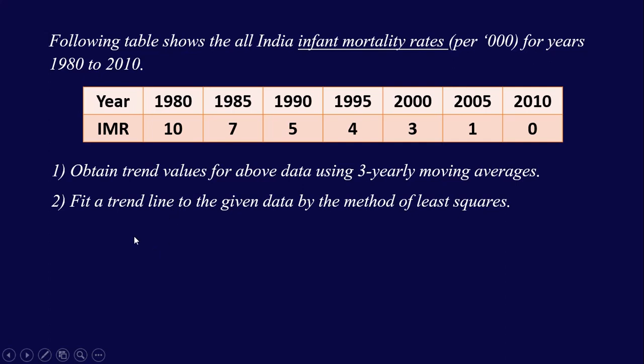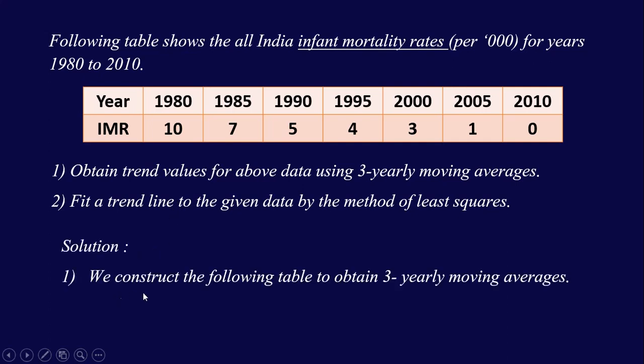Now first we construct the following table to obtain 3 yearly moving averages. Now we want to find 3 yearly moving averages. We consider first these 3 years and these IMR values 10, 7, 5. We take the average of these three values.